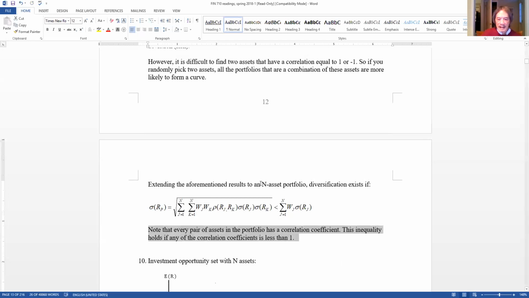So if we have n assets in a portfolio, we have many pairs, right? Many pairs in a portfolio. And every pair has a correlation coefficient. As long as one of the correlation coefficients is less than 1, then this inequality holds and diversification exists.